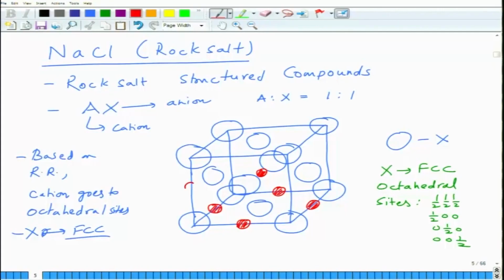So, this is 1 atom, this is 2 atom, 3. So, all the atoms can be put at the center of these edges.